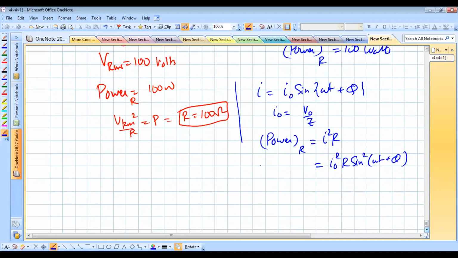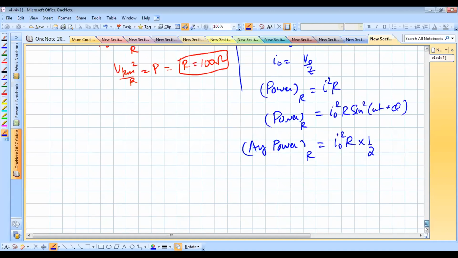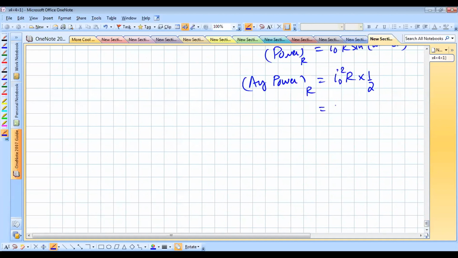So the average power consumed by the resistor will become I naught square R into half, because sine square function's average is half. So that is nothing but I RMS square R. So I RMS is nothing but V RMS by Z, the whole square into R.